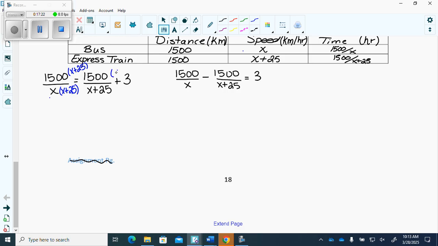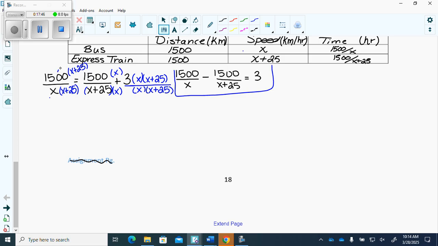This one I have to multiply by x. And this one I have to multiply by x and x plus 25. Now, it's not bad or hard. It just means you're going to get a quadratic.